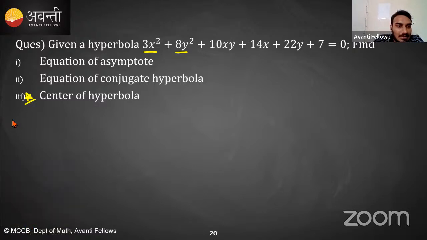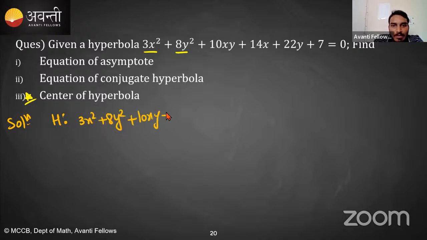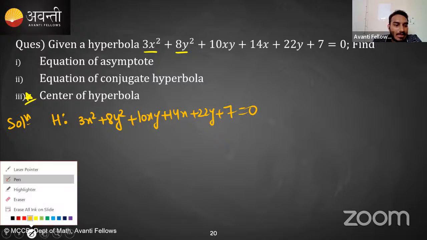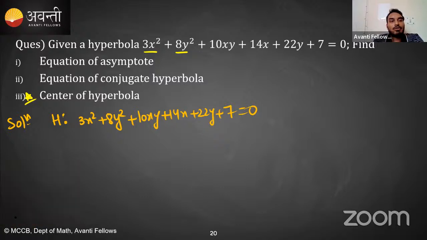First of all, let's start. What is the equation of hyperbola? Hyperbola is 3x square plus 8y square plus 10xy plus 14x plus 22y plus 7 is equal to 0. This is the equation of hyperbola, right? Now what will the equation of the asymptote be?